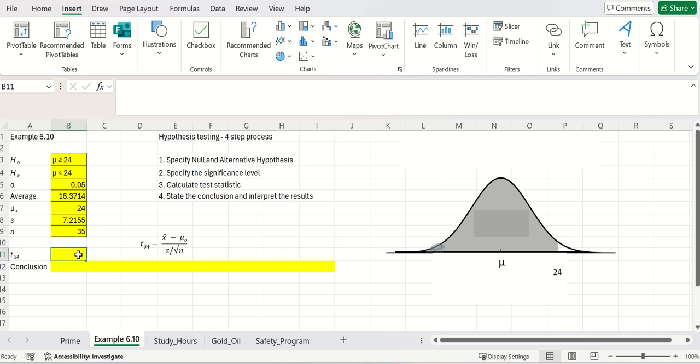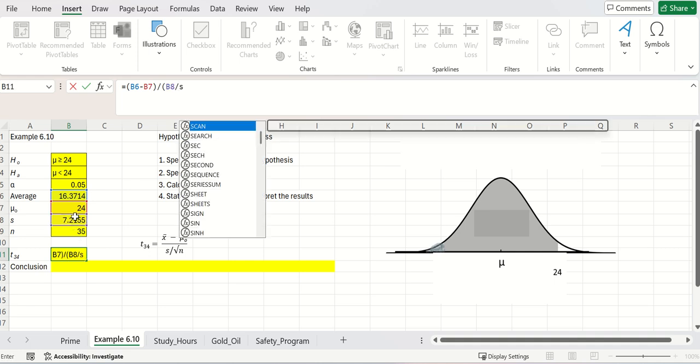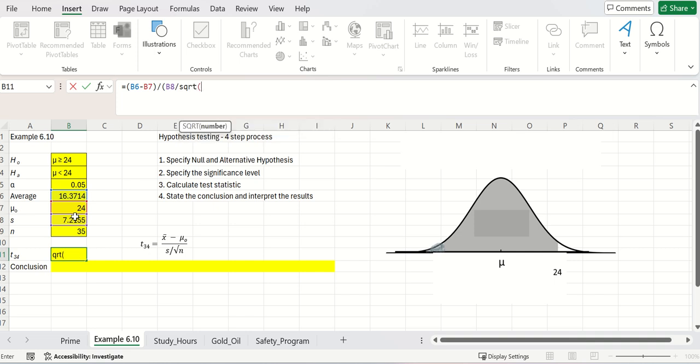The way we're going to calculate that is the average that we have calculated minus the mu, which is the original average. Now we need to separate those by parentheses so that they stay together in the calculation. We're going to divide that by our standard deviation divided by the square root of n.